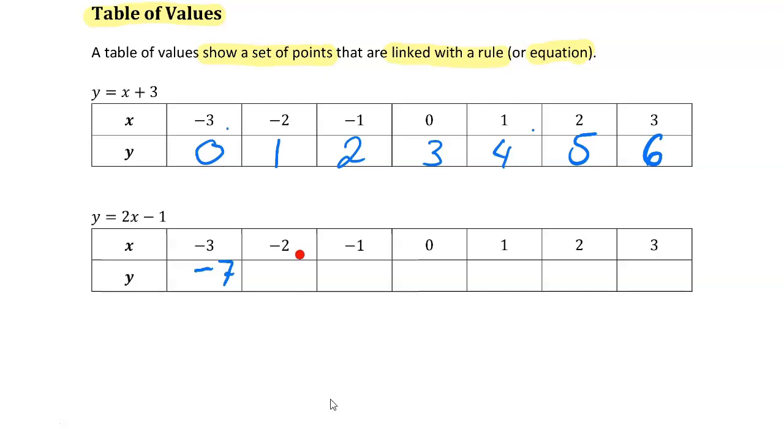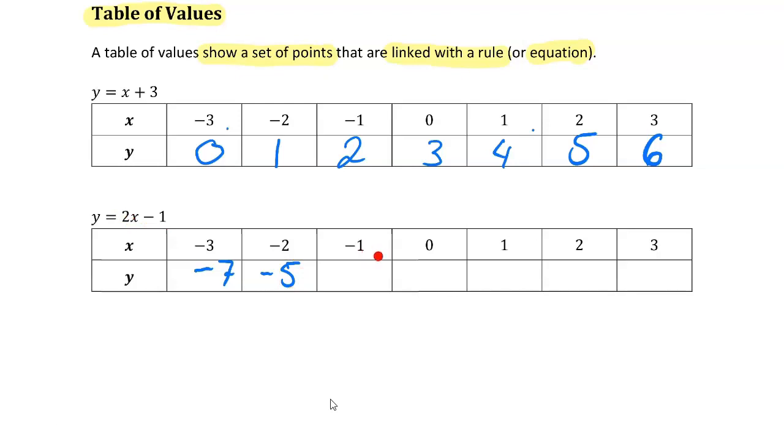So x equals -2. So 2 times -2 is -4, minus 1 is -5. Okay, so y equals 2 times -2, so that's -4, minus 1 gives you -5.